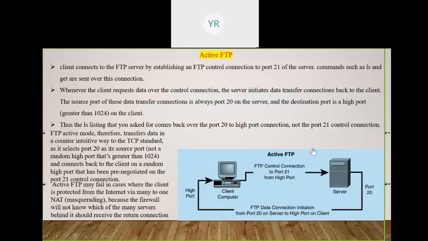That's why it is called active FTP. But in real time the active FTP sometimes fails because of the firewall. The firewall may not know how many FTP servers are behind it. There may be a security issue, so the firewall sometimes doesn't allow active FTP, not all the times. It is not always recommendable.